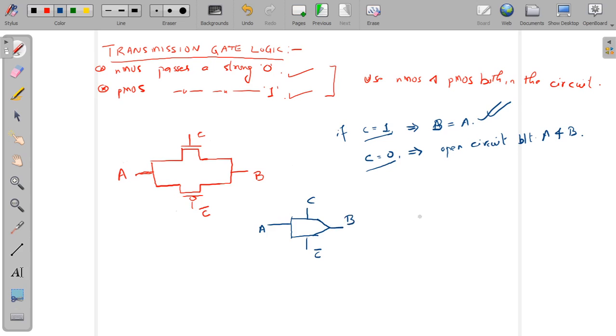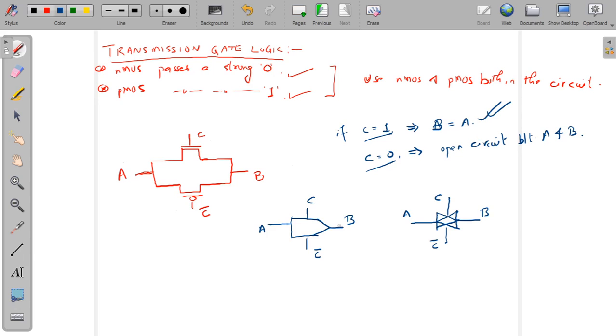In various other books you will also see this kind of symbol, this one, and then this one, two arrowheads connected back to one another, and this is the input A, and here you will see C, and here C bar. And this is the output, that is B.